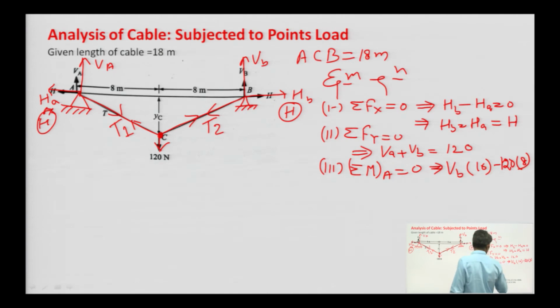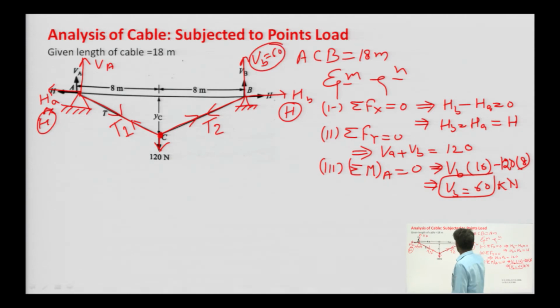The perpendicular distance is 8. So, the value of VB is 60 kilonewton. VB is 60, therefore VA will also be 60. By similarity, you can also guess the value, because the load is at equidistance, so half of it will be on each side, but this is the exact calculation.